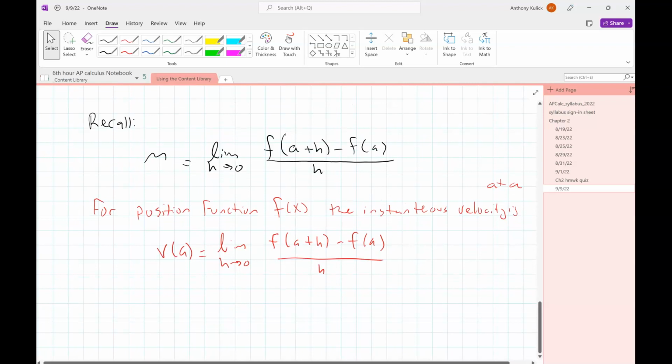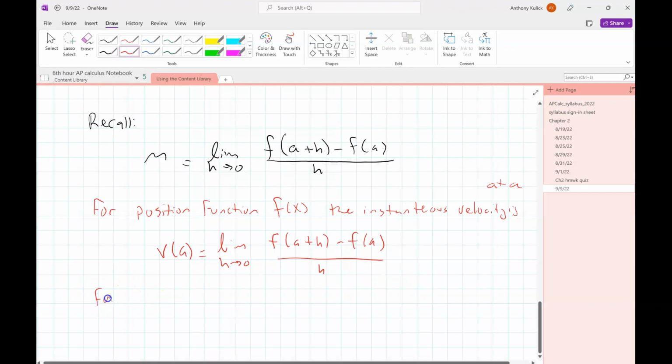So if f of x is my position function and I want the instantaneous velocity at a, it's just the slope of the tangent line of f of x at that point a. It's going to be the same thing, right?